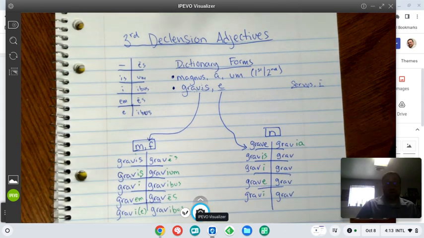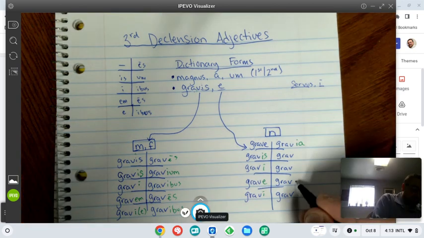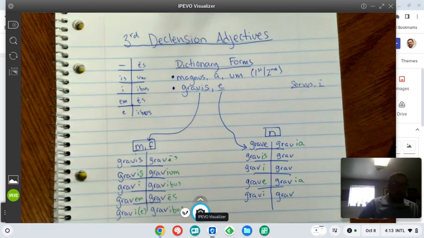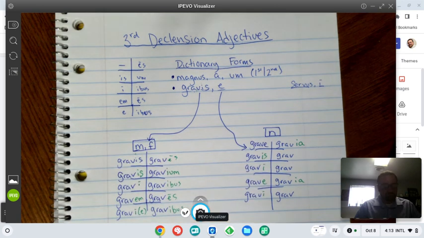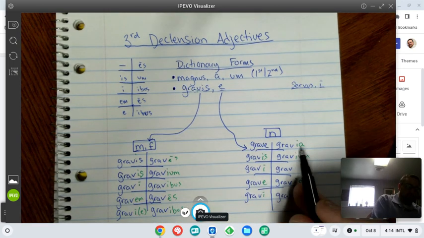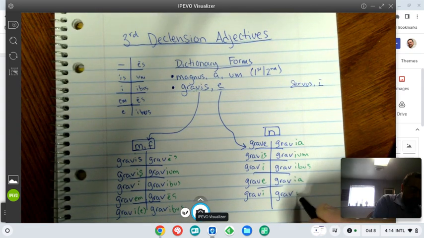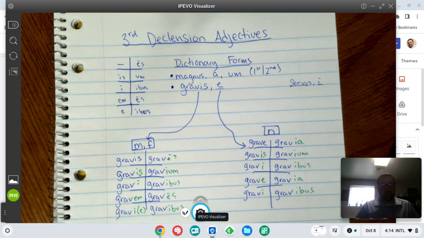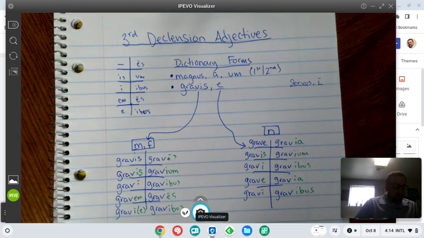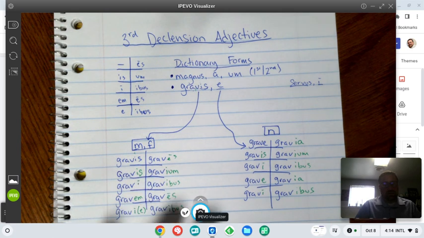The I shows up in the nominative and the accusative plurals. So these are going to both be gravia, only for the neuter. Here we're going to have gravium again, because that's another I stem difference. And then we're going to have gravibus for our other ones. And so this is how the adjective gravis grave and adjectives like it are declined.